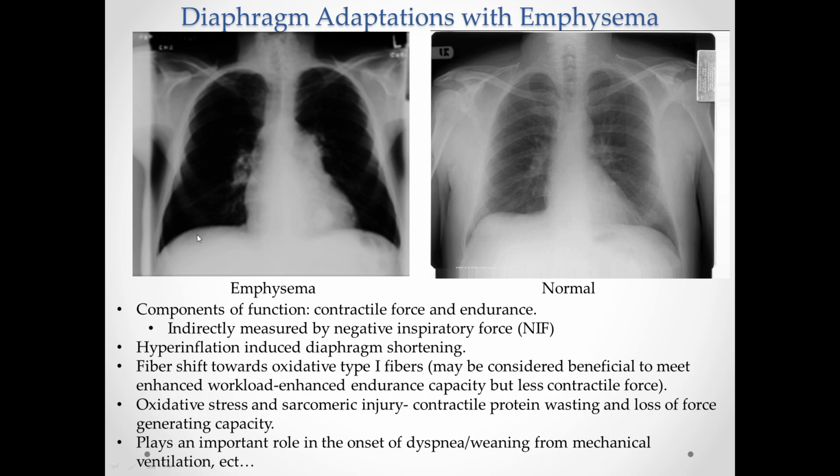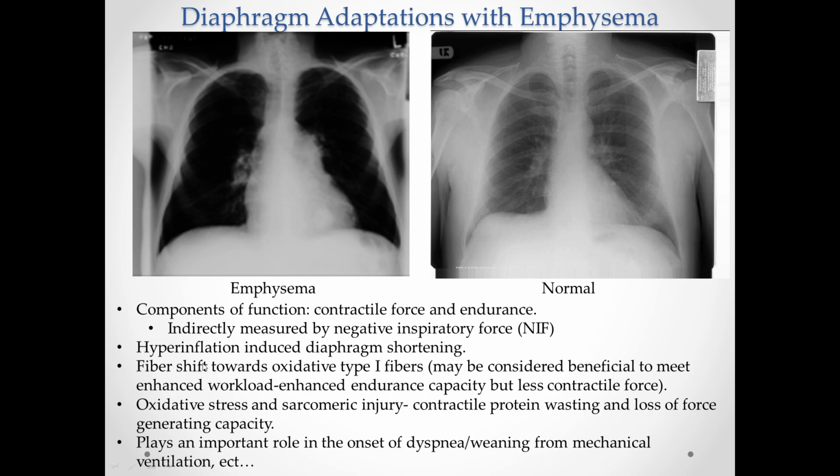The individual components of the function of the diaphragm would be the contractile force and the endurance. These can be independently measured, especially the contractile force, by negative inspiratory force, or NIF. And what happens is hyperinflation typically induces a diaphragmatic shortening, which can already take away from the contractile force that somebody can generate.